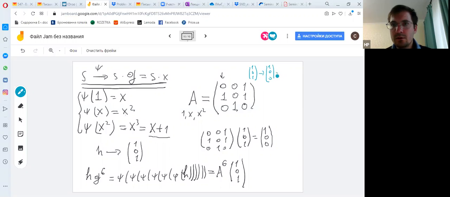This 1, 0, 0 goes to what? When I multiply this matrix by 1, 0, 0, I have the first column of my matrix, so it goes to 0, 1, 0.